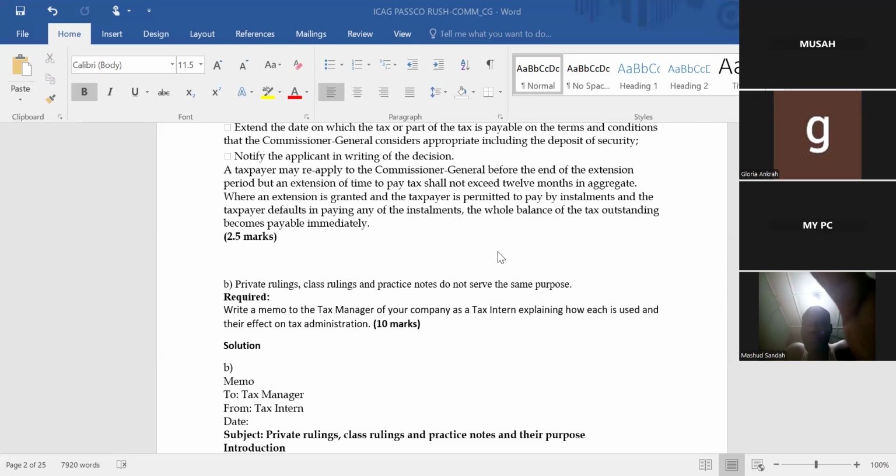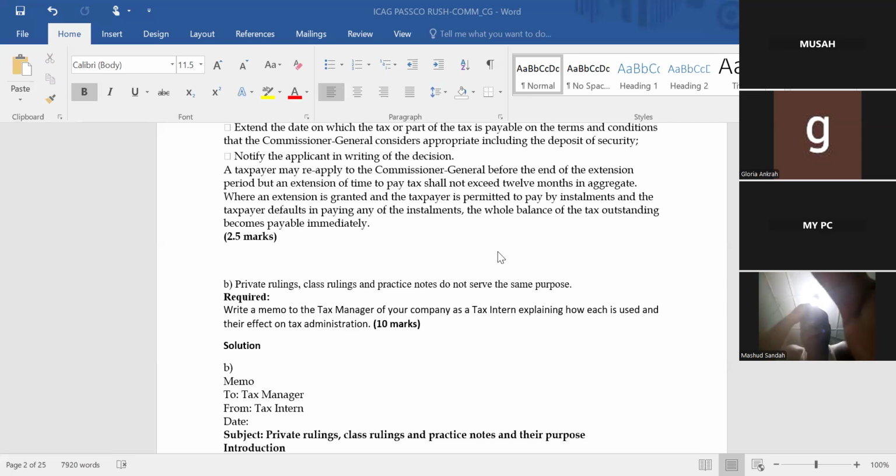And in practice, the easy way, if you have an issue with how transactions should be treated, is to write to the Commissioner General for his interpretation. It always saves you the time of doing the wrong thing and later on they have to come and correct it, which the correction will either come with a penalty.